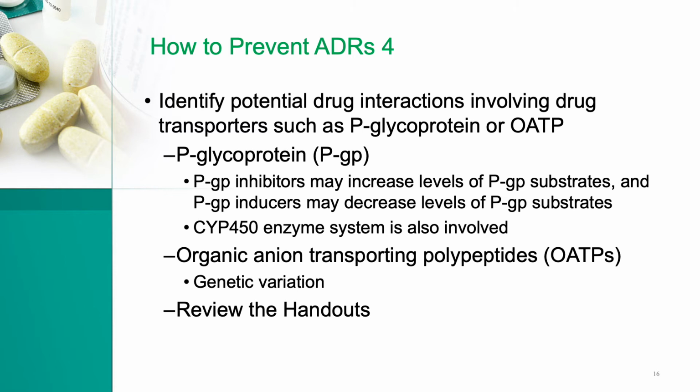P-glycoprotein can be thought of as a defense against potential poisons. P-glycoprotein inhibitors may increase levels of P-glycoprotein substrates, and P-glycoprotein inducers may decrease levels of P-glycoprotein substrates.